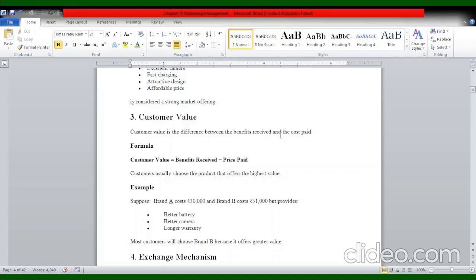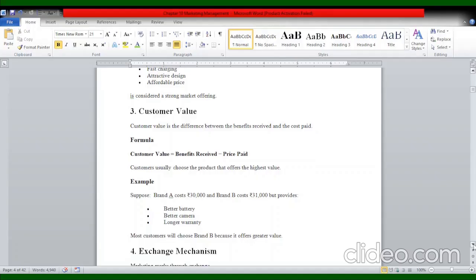So this is how you analyze what you actually receive in terms of value, because you get more benefit in terms of product and services than the price you paid for your product. In this way, your customer value will be higher than your price, and the benefit you receive is more than the price paid.